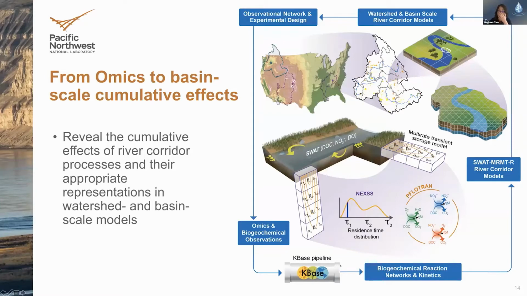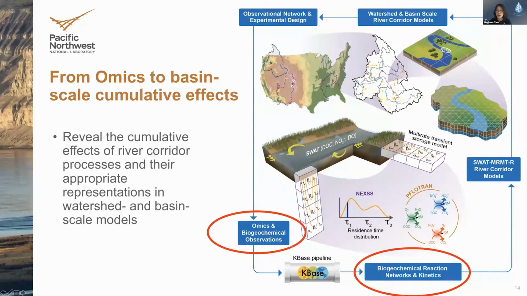So this highlights our entire strategy of incorporating the small-scale information from those omics and the other observations through the pipeline to generate the reaction networks and the kinetics to inform our river corridor model. And that river corridor model can be integrated into our watershed and basin scale river corridor models to help us reveal the spatial and temporal patterns of reactions.